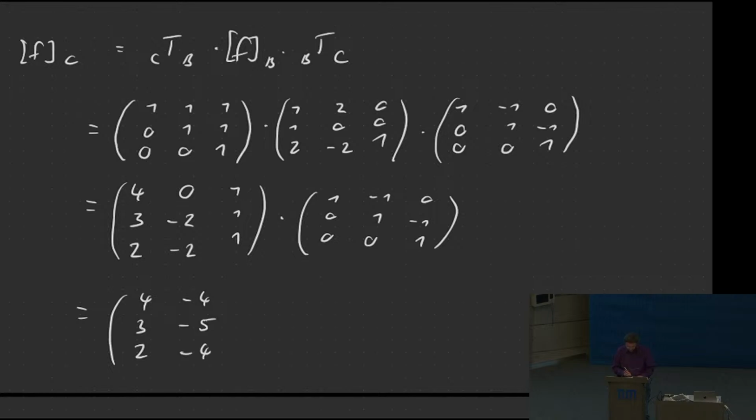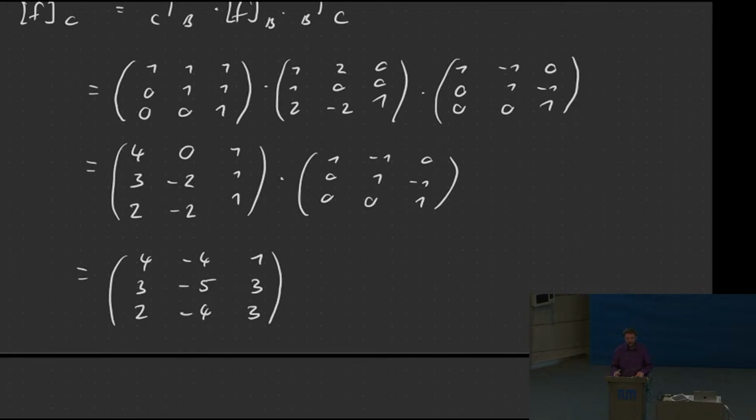And then that is 1, 2 plus 1, that's 3, and 2 plus 1, that's 3 again. So that hopefully is the correct result. I didn't actually check with the quiz results, to be honest. Any questions up to this point?